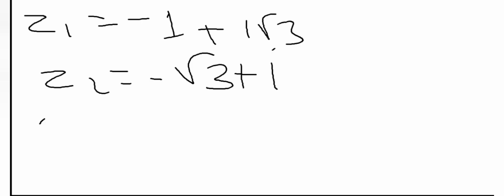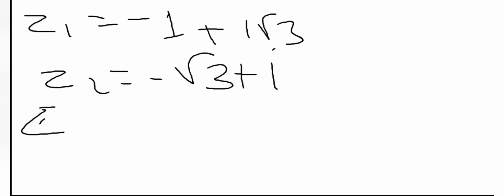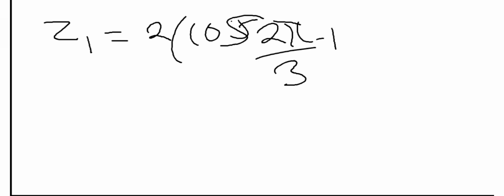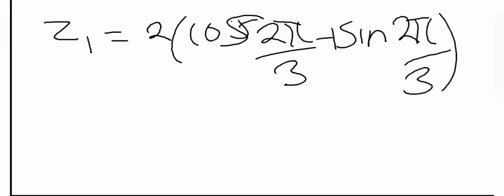You can show your works on your own. When you express that into polar form, you have z1 equal to 2 cos pi over 3 plus I sine pi over 3. Mind you, the angle has been converted into radians, so you can work it out with whatever formula you find fit.